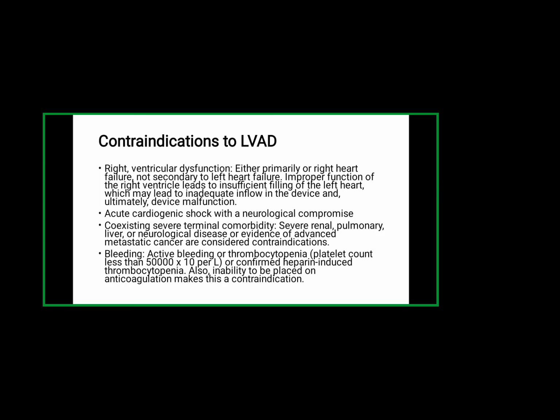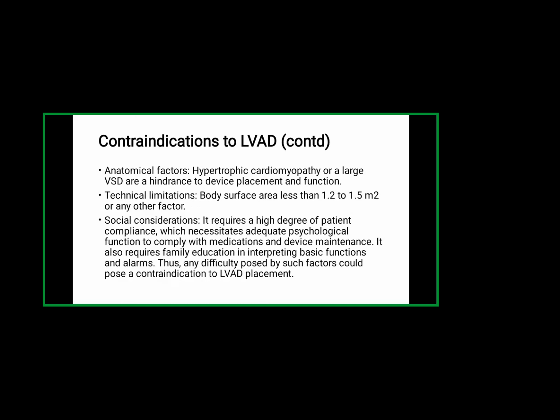Active bleeding or thrombocytopenia with a platelet count less than 50,000, or confirmed HIT, heparin-induced thrombocytopenia, are contraindications. Also, if the person is not bleeding but cannot take anticoagulation for any reason, that is a contraindication, because patients who have LVAD must be placed on anticoagulation.